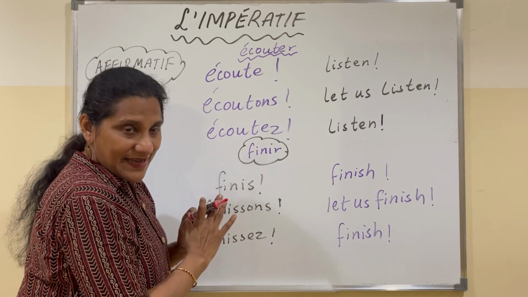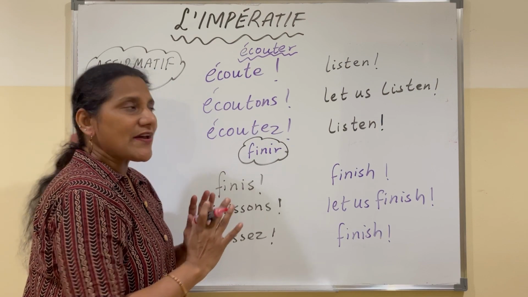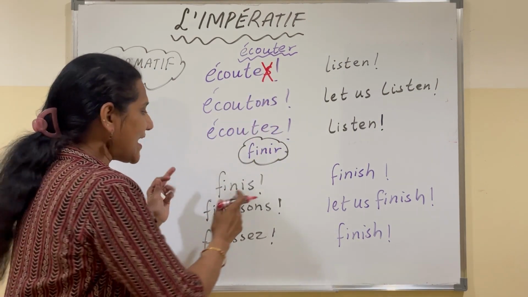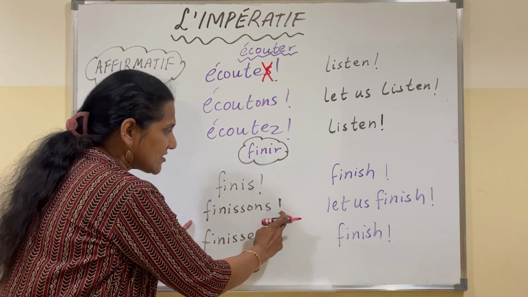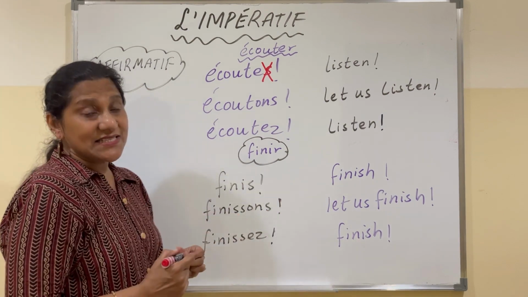And remember we said all ER verbs, whether they are regular or irregular, the S that was supposed to be here is removed. And in finir, of course, we don't remove the S. So finis, finissons, finissez. That means finish, let us finish and finish.